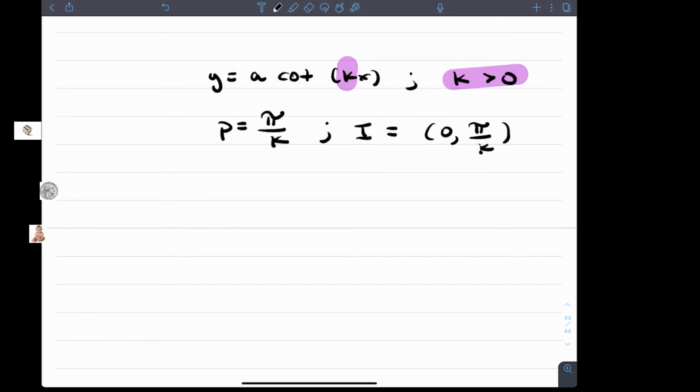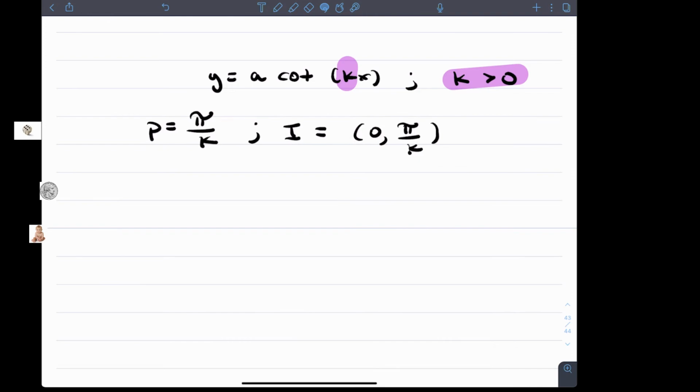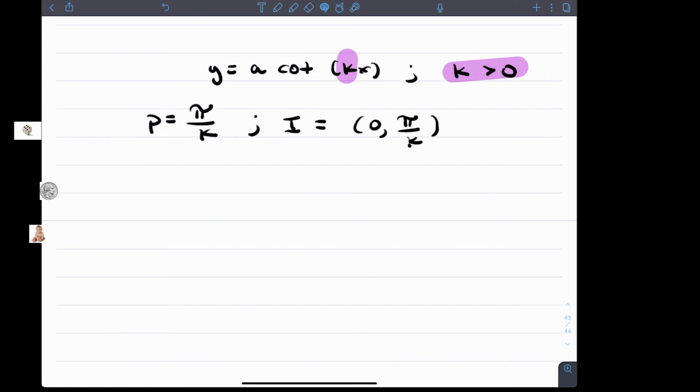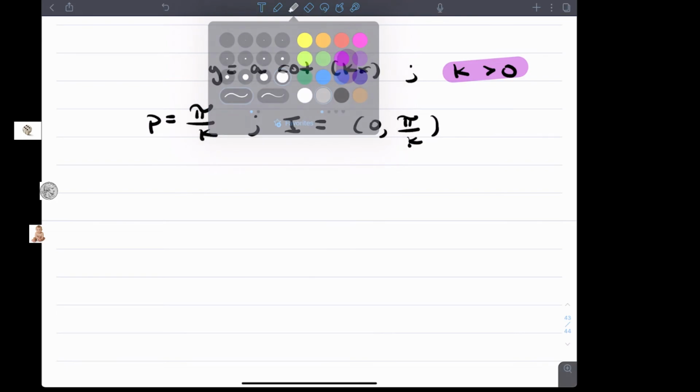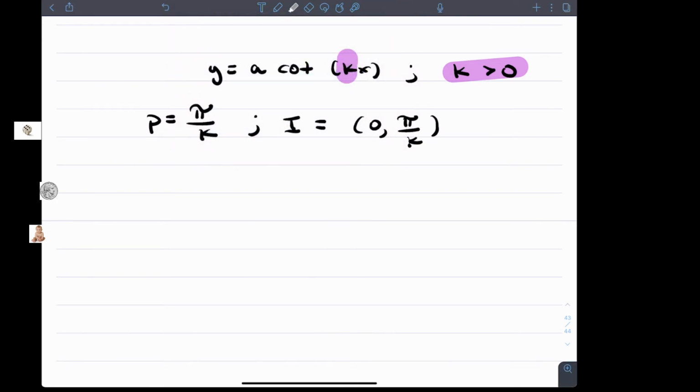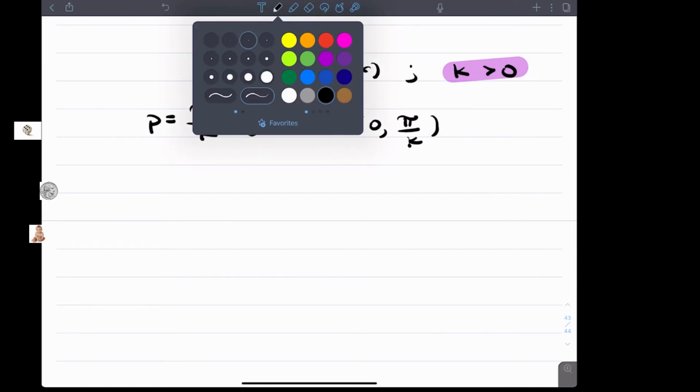So what I like to remark, tangent and cotangent have different what? Intervals of one cycle. They have different curves, and I'm going to express to you in general how this looks, just the way the book does. And remember here, this value A is not an amplitude, okay? It's just a coefficient number.